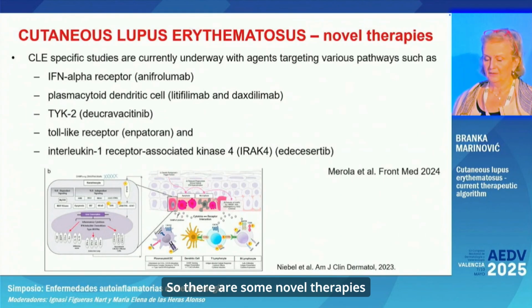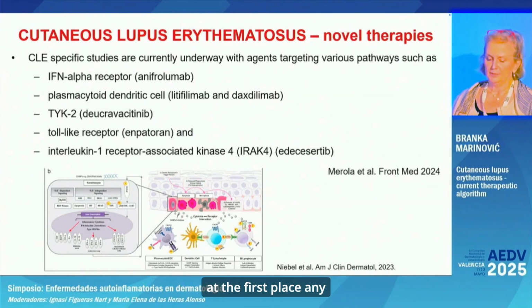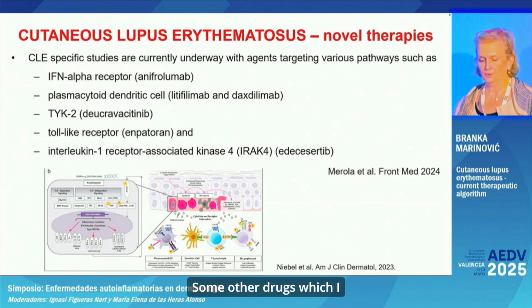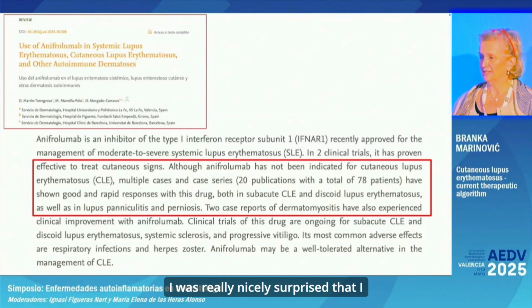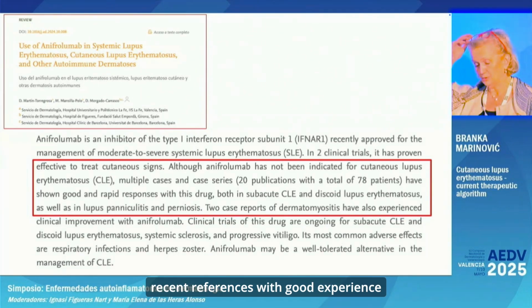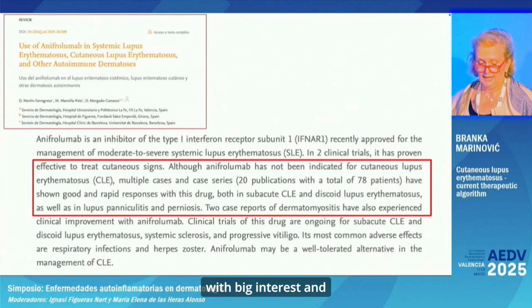So there are some novel therapies which I have to say are quite promising. In the first place, anifrolumab, litifilimab, and some other drugs, which I will touch on shortly. When I started preparing this lecture and wanted to add a few slides, I was really nicely surprised that I found two references from Valencia, quite recent, with good experience, and I read them with big interest.